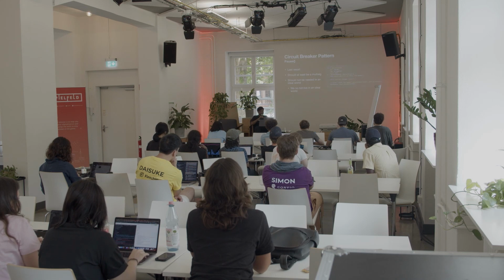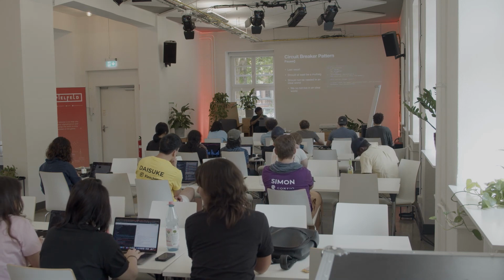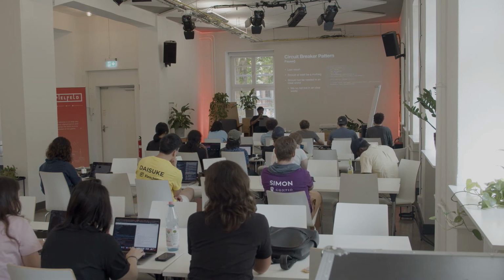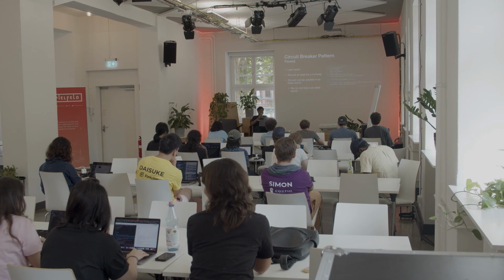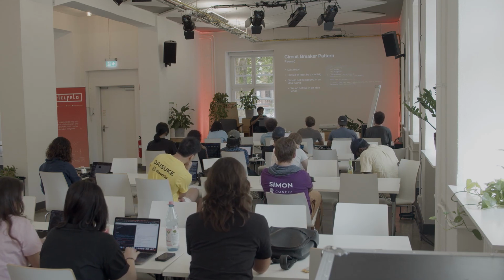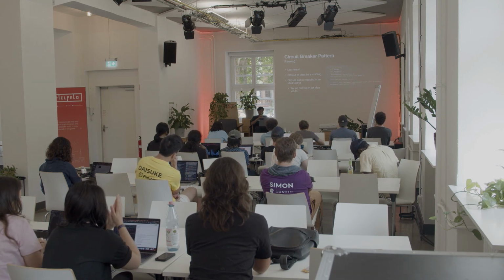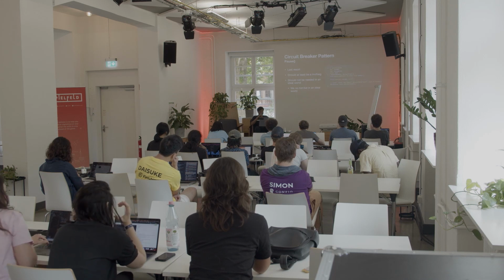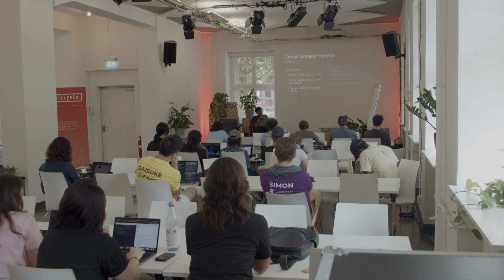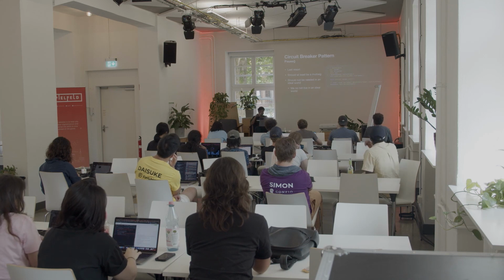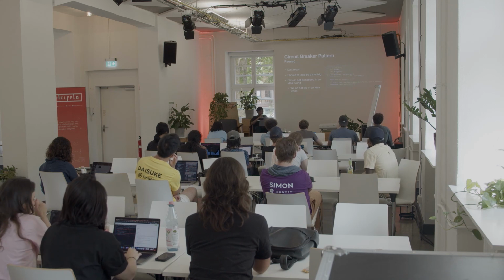Circuit breaker. All right. This is something that, in an ideal world, you should not need, but we don't live in an ideal world, right? There's chains that halt, there's bridges that go down. So what I like doing is adding a pause function feature into important contracts.